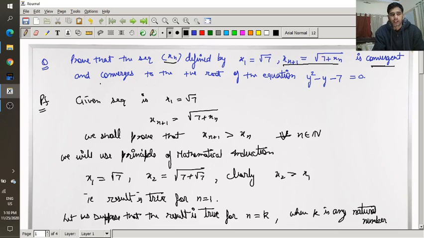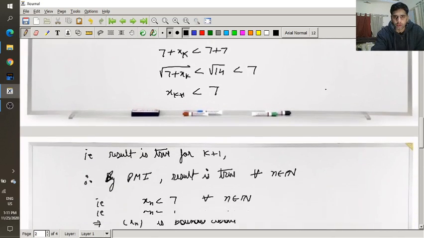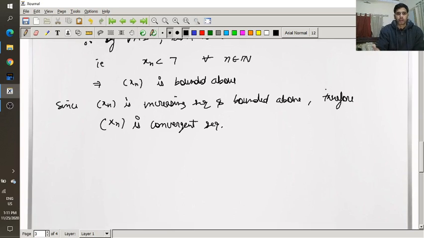Now secondly, we will prove that this converges to a positive root of the equation. As we know, let the limit as n tends to infinity of xn equal y, right? So also the limit as n tends to infinity of xn plus 1 will be equal to y.